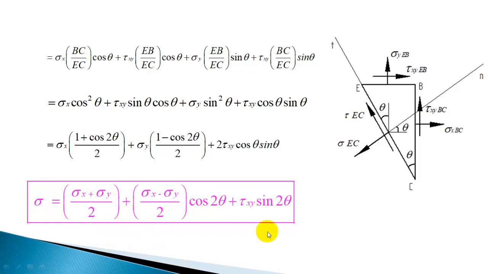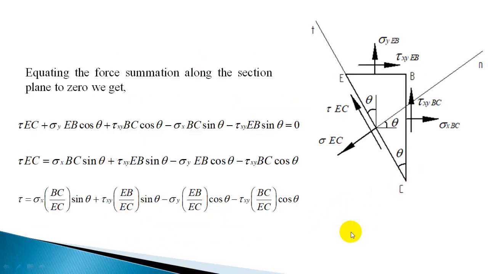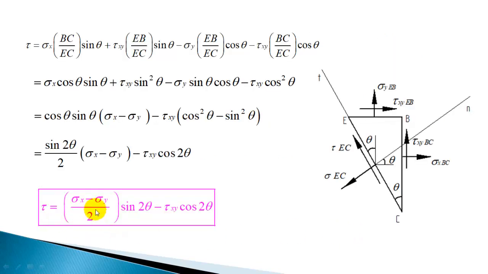This gives the normal stress on a plane inclined theta from the vertical, and the shear stress is sigma x minus sigma y by 2 sin 2 theta minus tau xy cos 2 theta. So this way, when a body is subjected to a two-dimensional state of stress, that is plane stress, we can find out the normal and shear stress acting on any plane inclined theta from the vertical. Any inclination you take, you can find the normal stress and shear stress.